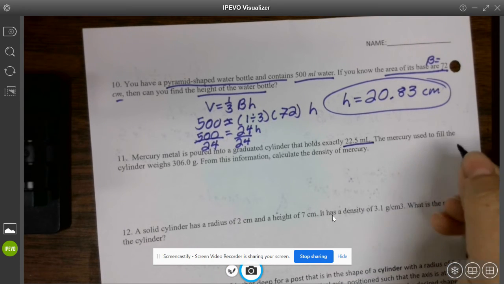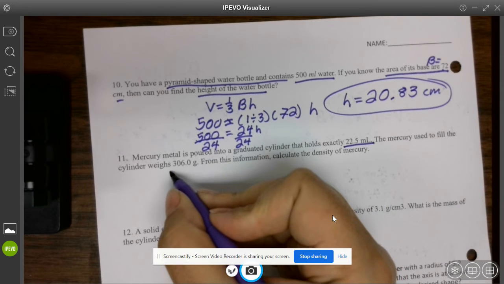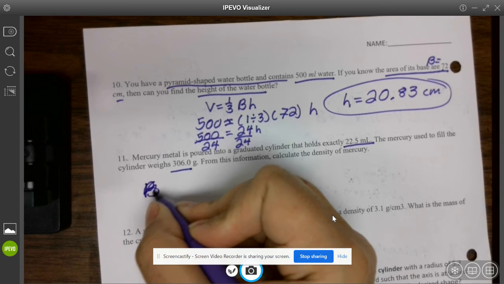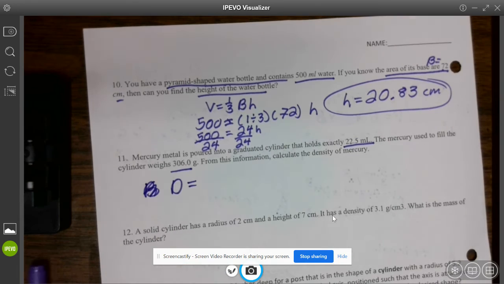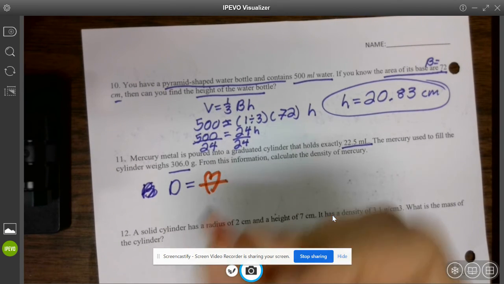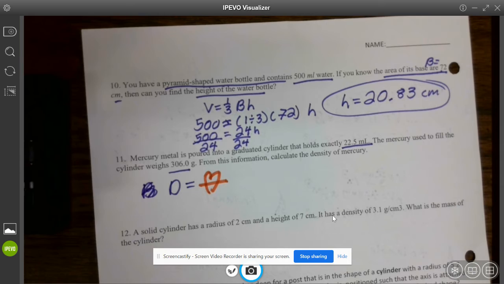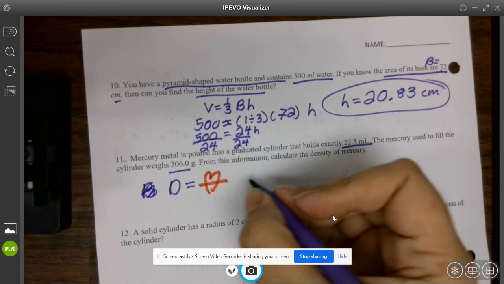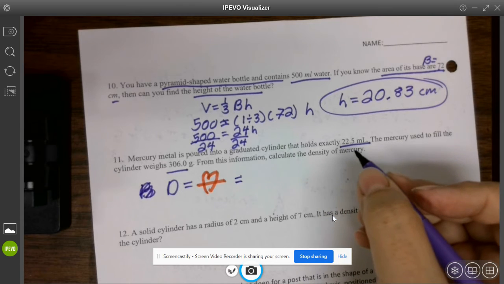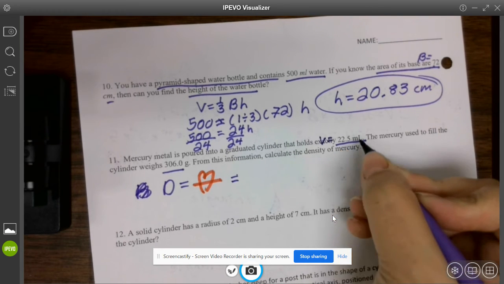Okay, mercury is poured into a graduated cylinder that holds exactly 22.5 milliliters. The mercury used to fill it weighs 306 grams. From the same information, calculate density. So everybody remember that we love density. Density is going to be equal to mass divided by volume. This is the volume.